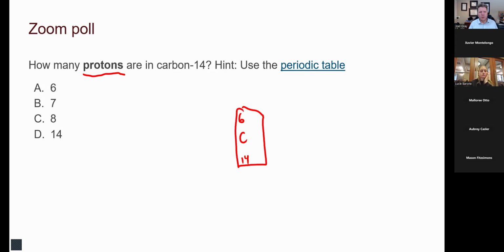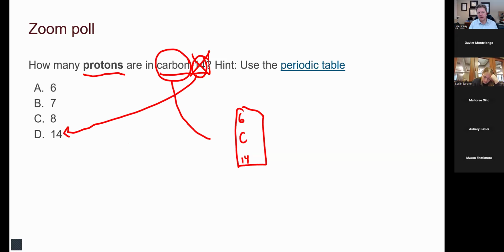Okay, so when we look at all these numbers, the only number that's shown on this slide is 14. And it might be tempting to be like, ooh, 14, that's what I'm looking for. But that is the mass. So that's like saying you have a carbon atom that has a mass of 14. Now, the units for that would be AMU. What we need to do is kind of ignore that and instead say, okay, carbon, that's what I'm interested in.